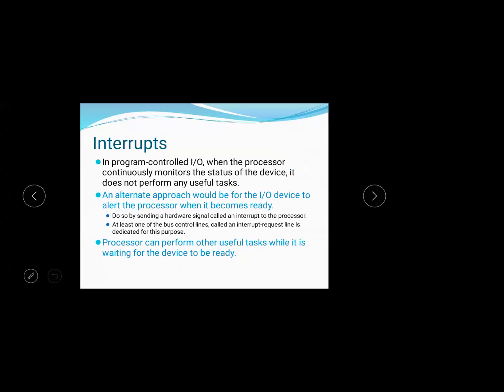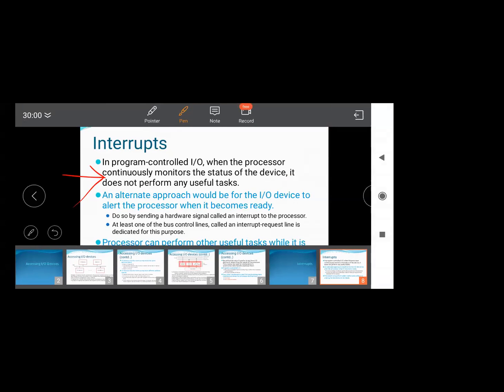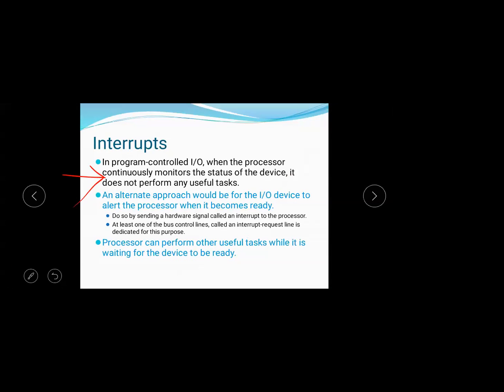In program controlled IO, the processor continuously monitors the status of the device, whether the data register contains new data or not.